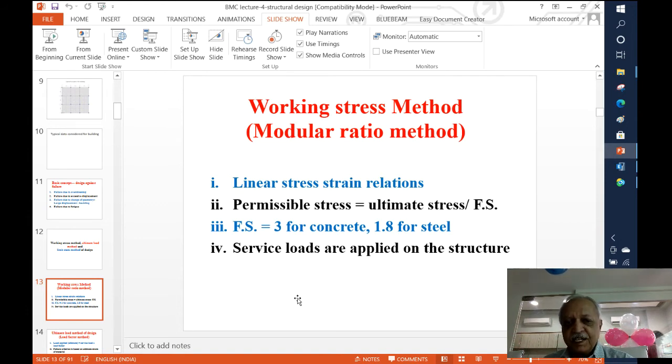So I cannot say that if the load is increased 3 times, the deformation will be 3 times. No, because beyond the elastic limit my E value changes, so my deformations will be different, and so forth. So we can say that my working stress method ensures elastic behavior, but to that extent I am guaranteed that until the load is limited to that design load, the behavior is going to be linearly elastic.